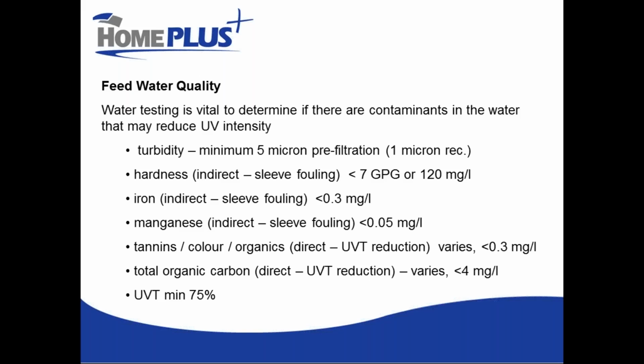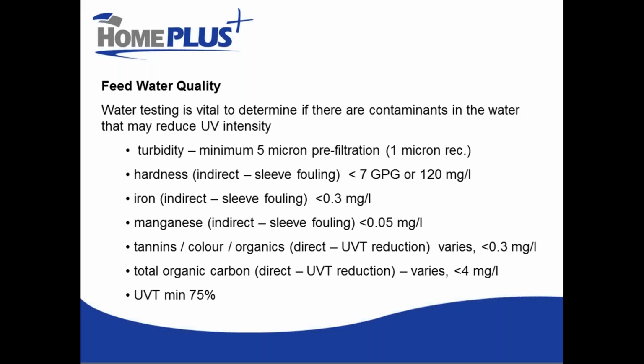And for that reason, we want to filter down to at least 5 microns. And we're actually pushing a lot of small water systems to go beyond that and filter down to 1 micron. At least 1 micron nominal, 1 micron absolute if they're on surface water sources. And that's just all aimed at ensuring there's no sediment particles that are going to block any of our UV light.